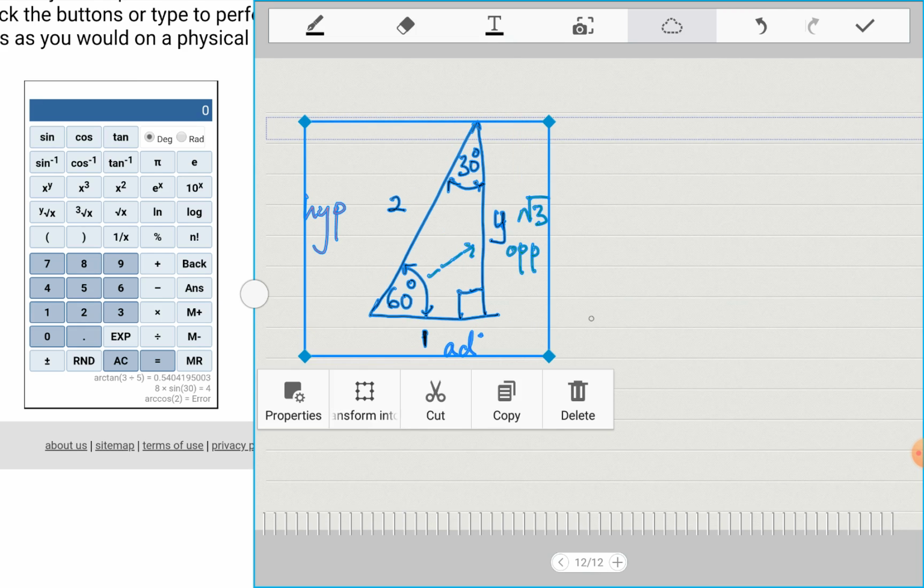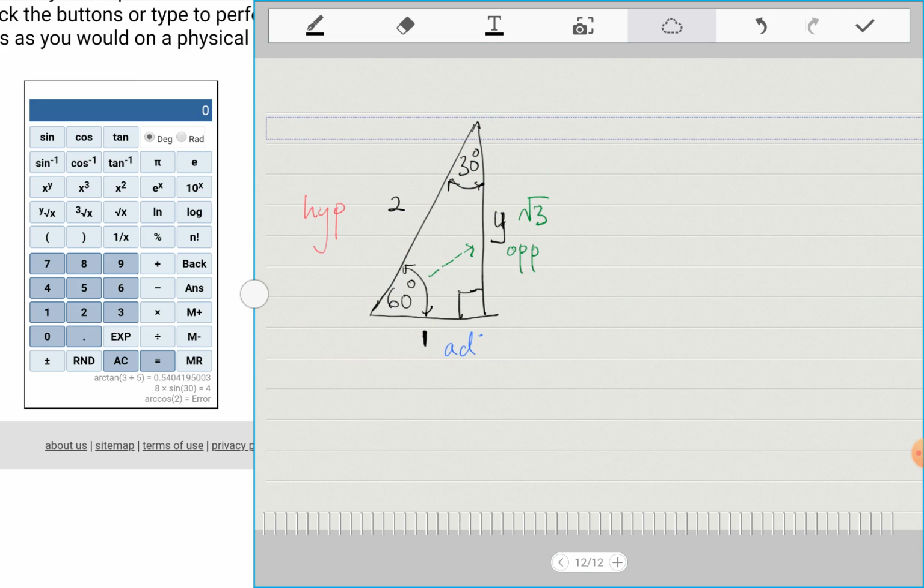What I want to do now is examine 30 as being the angle that I'm working off of. So the way I label my triangle is going to change, but something that's not going to change is this value here. It's still going to be the square root of 3.